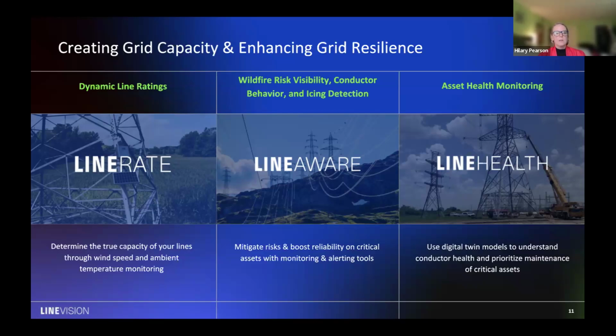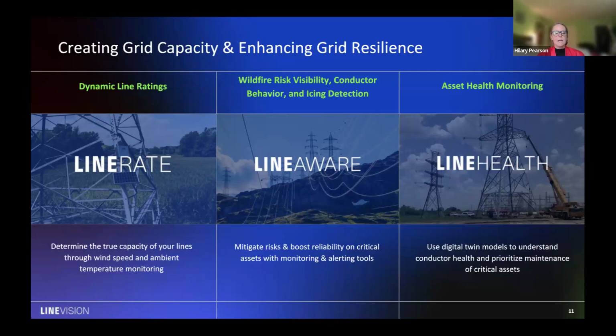So at LineVision, our non-contact sensor and software platform actively monitors transmission lines, and it provides critical data that utilities can use to increase the capacity on their existing network by way of dynamic line ratings, as well as to enhance situational awareness capabilities, as well as using digital twin models to better understand asset health.